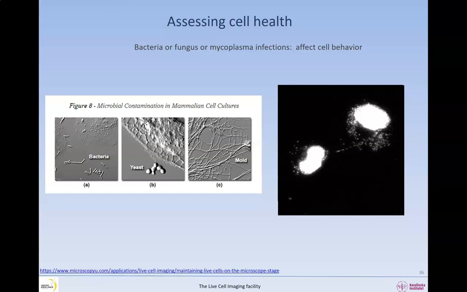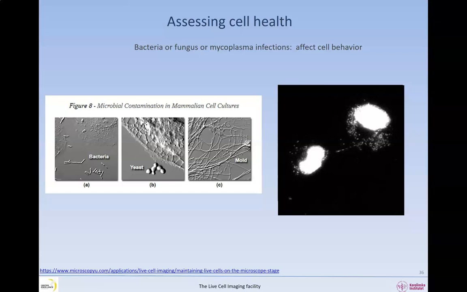The occurrence of many small dots outside the nucleus is a good indication of mycoplasma contamination, and it should definitely be confirmed by PCR. There are kits available to detect mycoplasma.